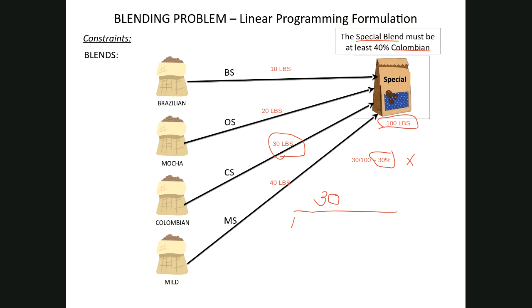We know we're going to have 10 pounds of the Brazilian plus 20 pounds of the mocha plus 30 pounds of the Colombian plus 40 pounds of mild. And what we want is for this ratio to be at least 40%. That has to be at least 40%.